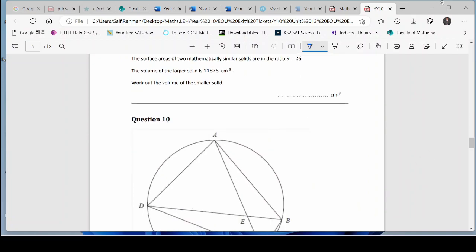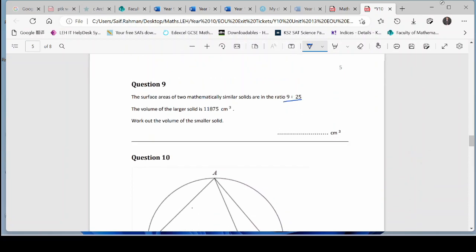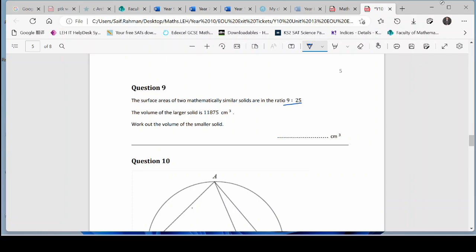Here it says the surface areas of two mathematically similar solids are in the ratio of 9:25. Okay, so here we have been given a ratio.